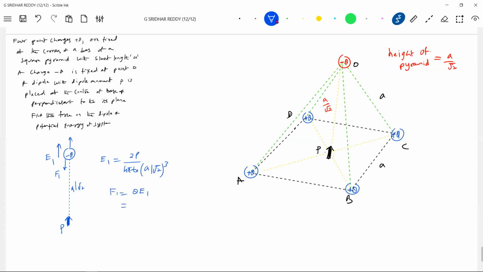Q into E1. So Q 2p by 4 pi epsilon naught a cube, this will be 2 to the power of 5 by 2. Check the mathematics once. This would be the force experienced by the negative charge particle.